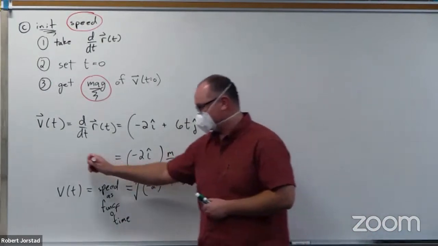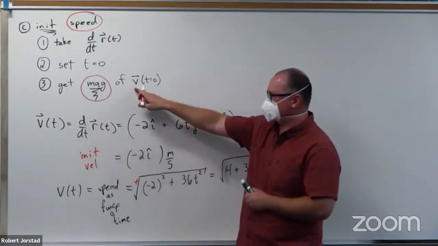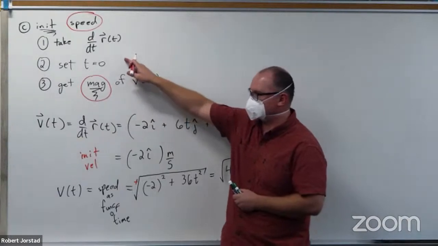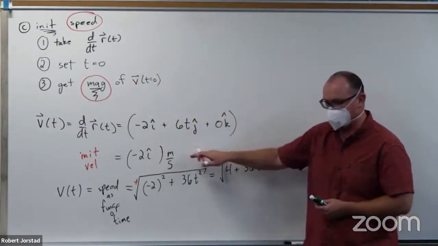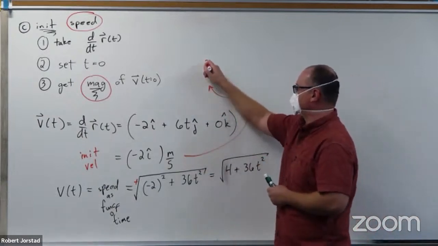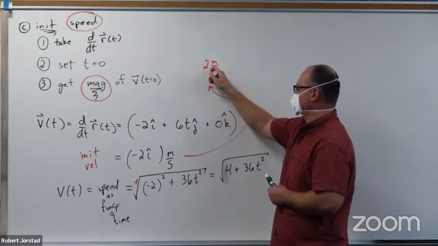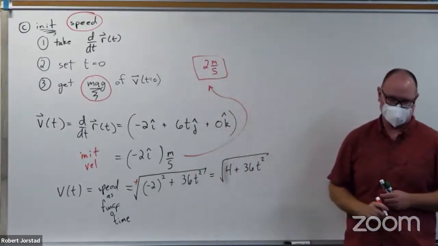No, this is the initial velocity. I had forgotten to do step 3 where I take the magnitude. I had set t equal to 0, and you can see it right here. Do you agree that this answer and that answer are not going to match? So don't forget, the magnitude is 2 meters per second. So that's the initial speed. Watch out.